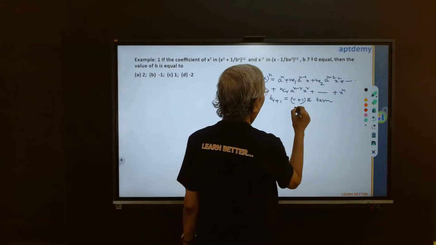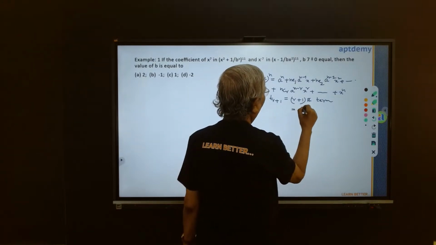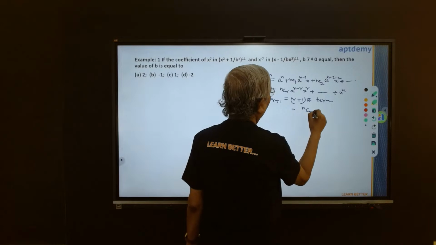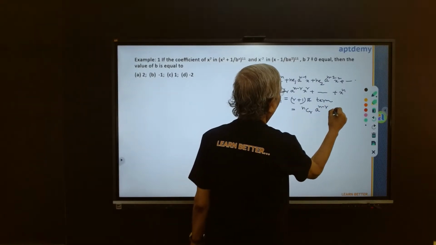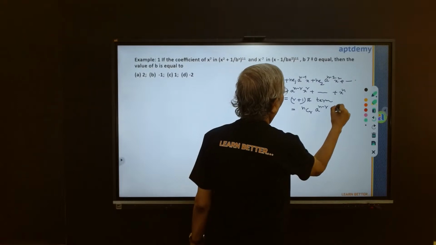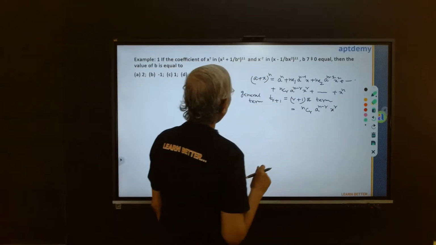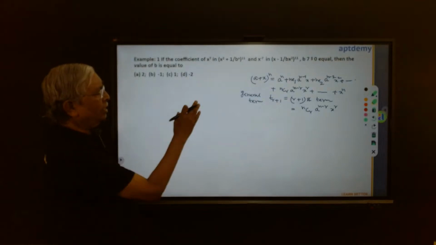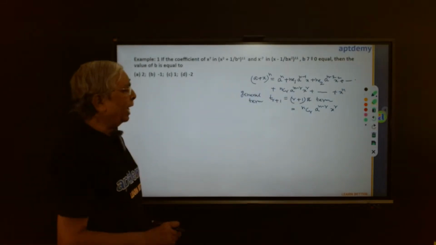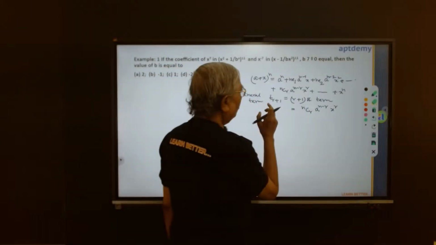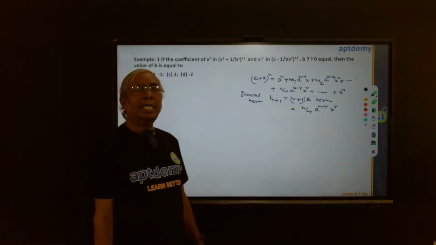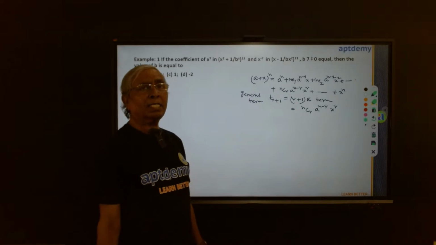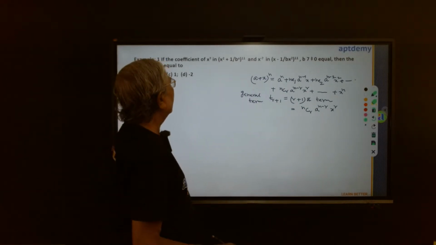We use this formula: T(r+1) equals nCr a to the power n minus r into x to the power r. Here is the binomial theorem, and I will use this general term, or the (r+1)th term, as nCr a to the power n minus r into x to the power r.